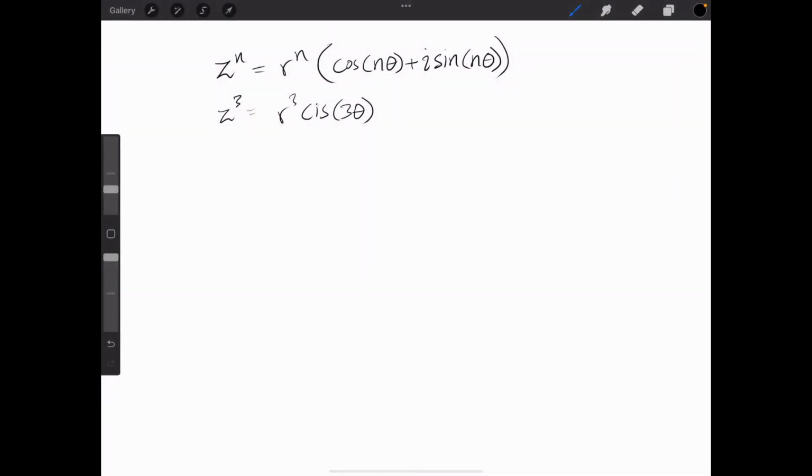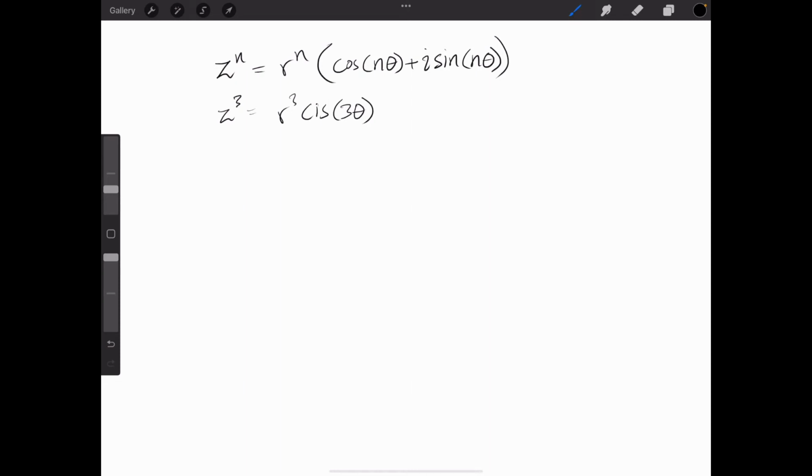One thing that is very important to remember about polar form is that a single number can be written in multiple different ways. One complex number. Let's make this a little bit easier for ourselves to understand.